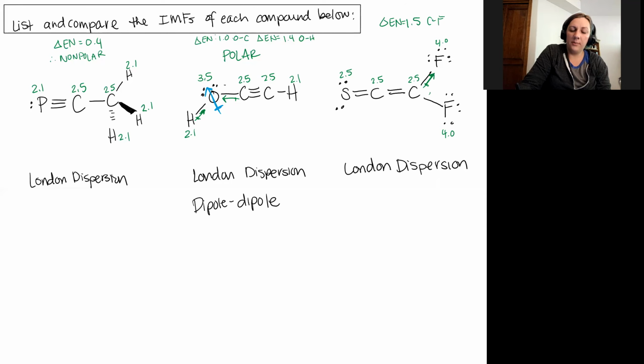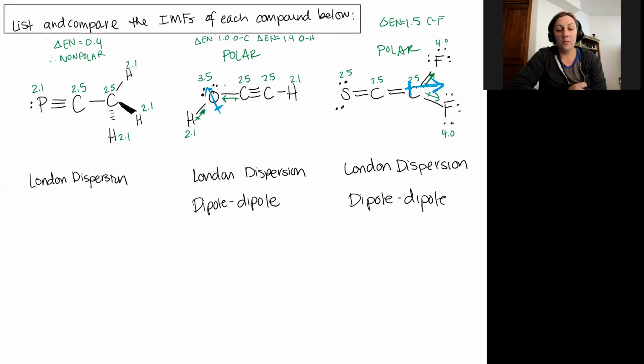So I have little dipole arrows here. And if I imagine the average of that, I'll have a dipole moment for the whole molecule that's pointing in this direction towards the fluorine. So the fluorine side of the molecule will be partially negative, and we'll have a partial positive charge over on the other side. And so this one is also polar. And so that means we have a dipole-dipole interaction here.